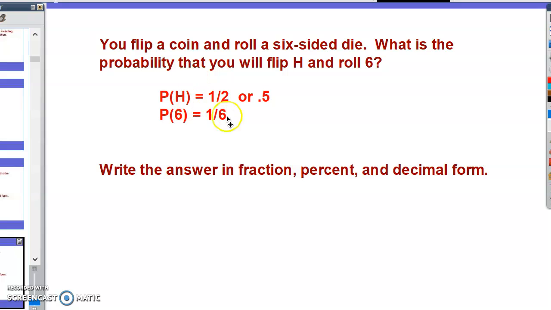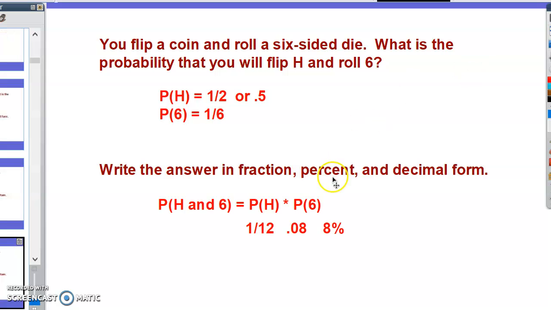Well, what is the probability that I do both? See the and, that I do both. So the probability that I will flip a heads and roll a 6, I'm going to take those two probabilities and multiply them together.